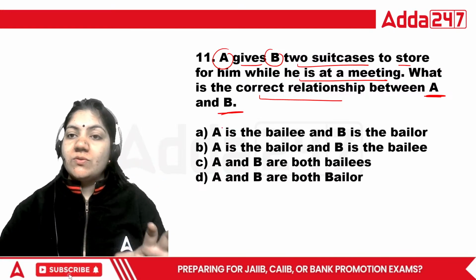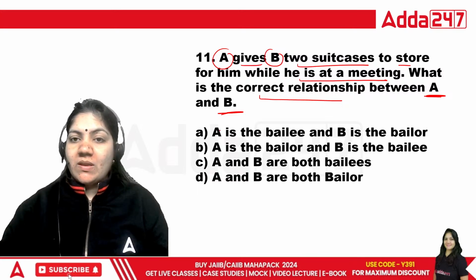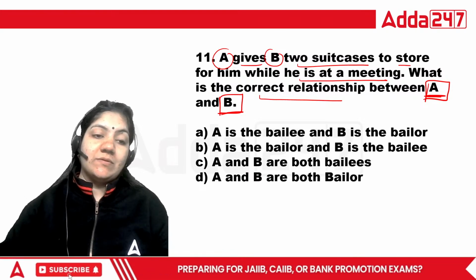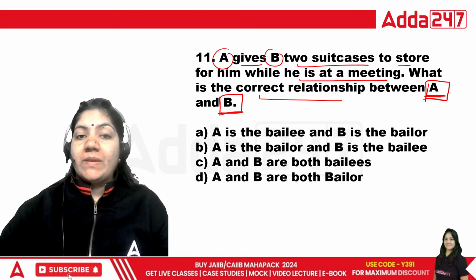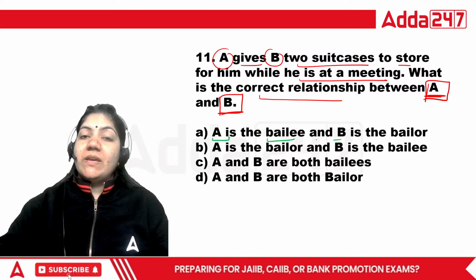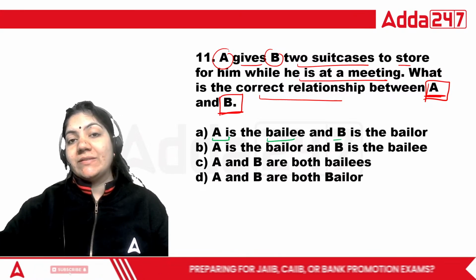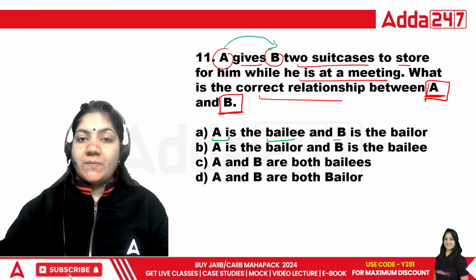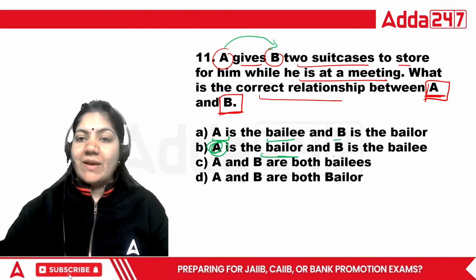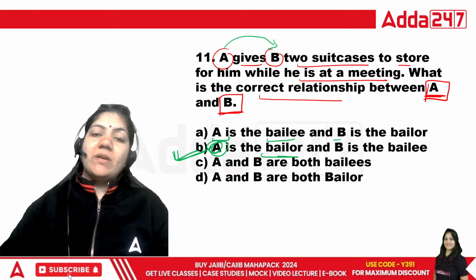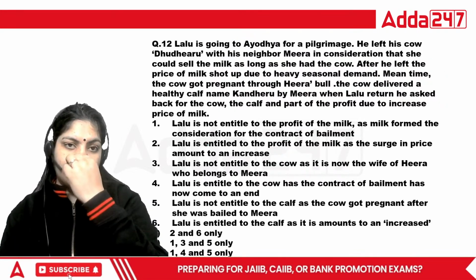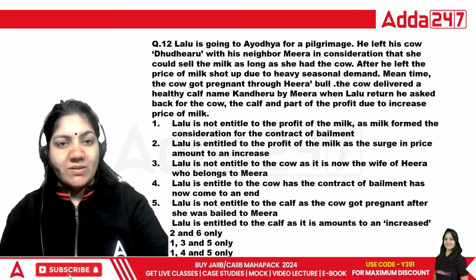A gives B 2 suitcases, so A is called bailer and B is called bailee. So for the 11th one, B is the right answer. Is that okay? Next. That is a very good question, the last one is a very good question.